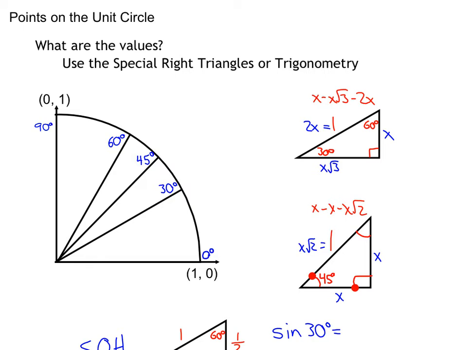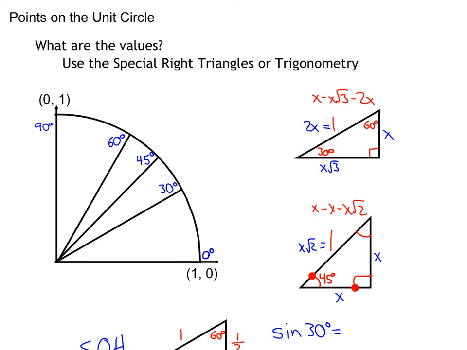SOHCAHTOA. Okay. In geometry, you may have looked at the special right triangles, 45, 45, 90 and 30, 60, 90, but it's been a while, okay? So there are patterns to these. That's why they're called special right triangles. They're patterns. We'll go with the SOHCAHTOA route because that's something you're more familiar with.